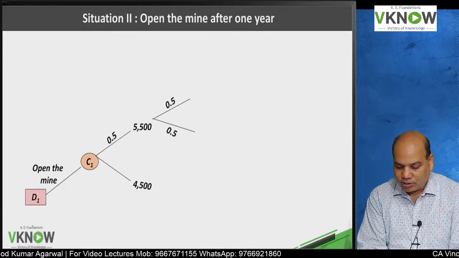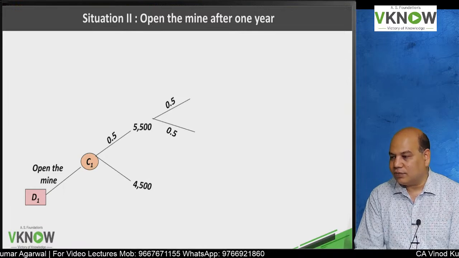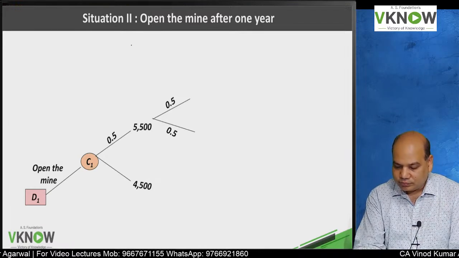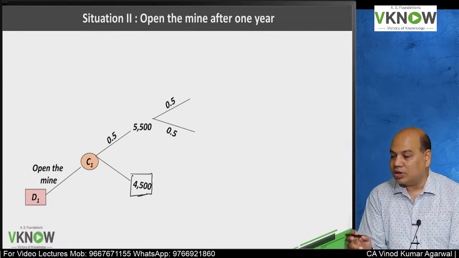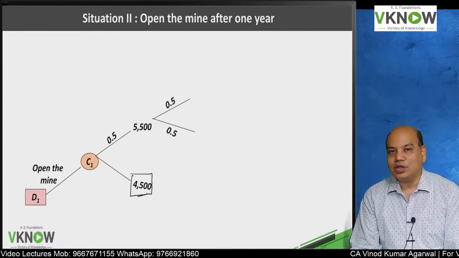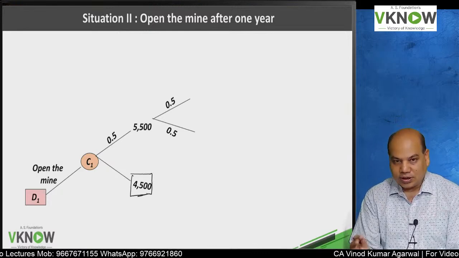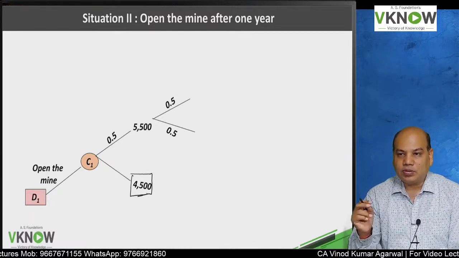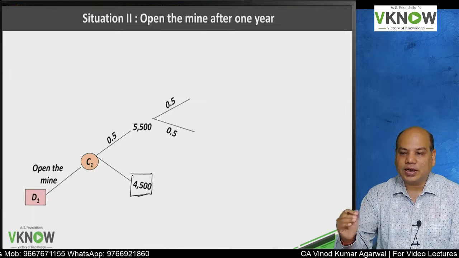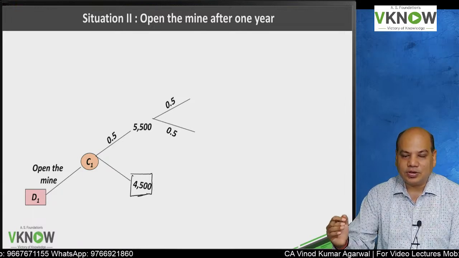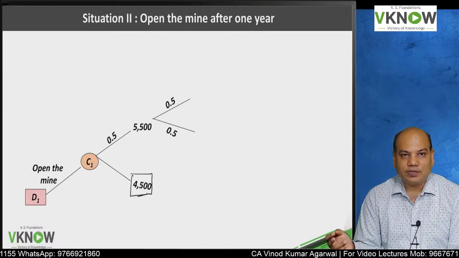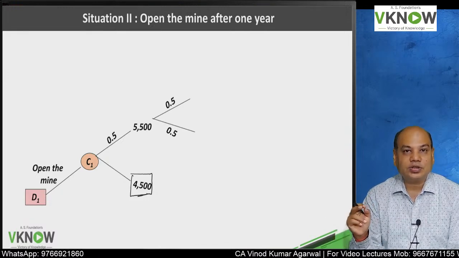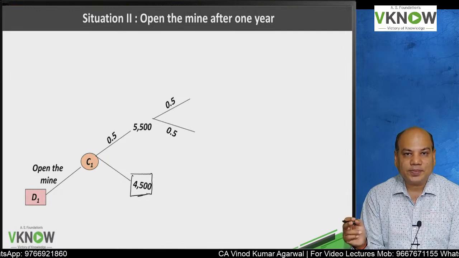Would you open the mine after getting 4,500 after year 1? Would you even think of opening the mine? The answer will be no, because my expected price for the second year, third year, fourth year would be 4,500, but the extraction cost is 4,600.